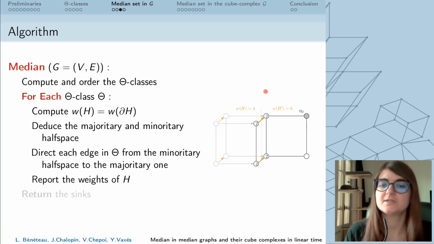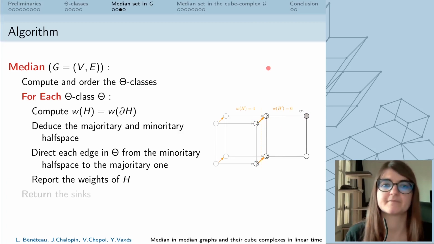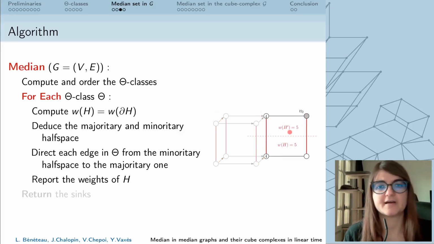And now we see that we can do it again. We can take the next theta class furthest apart from V0, also defining a peripheral half space, etc. If the two half spaces have the same weight, then we do not direct the edges.